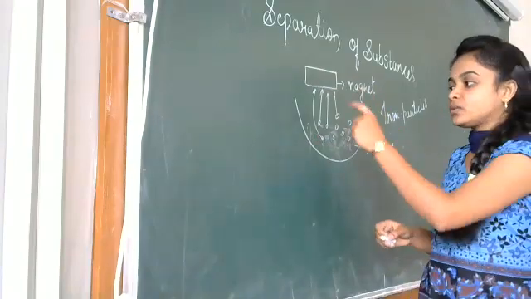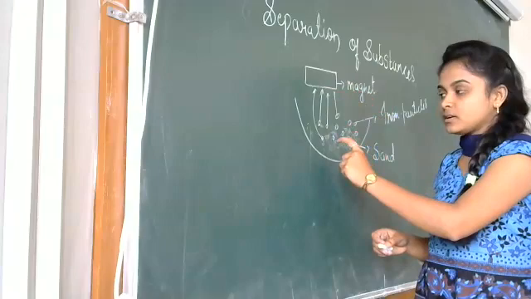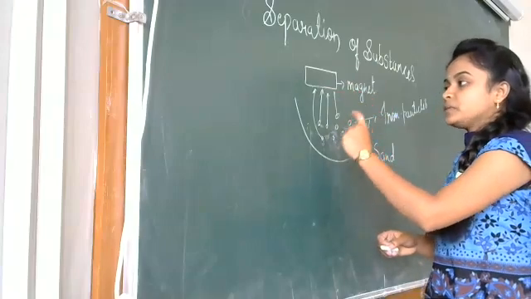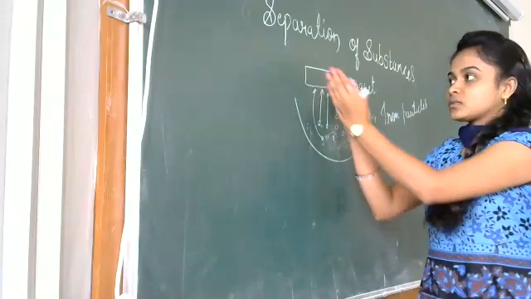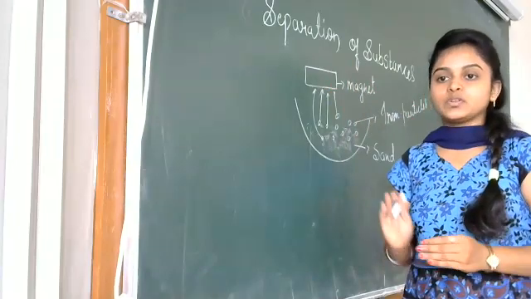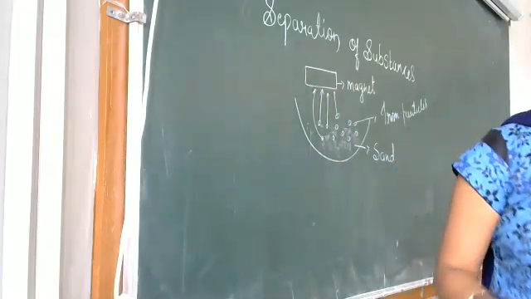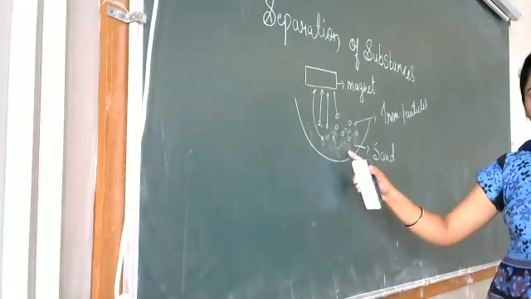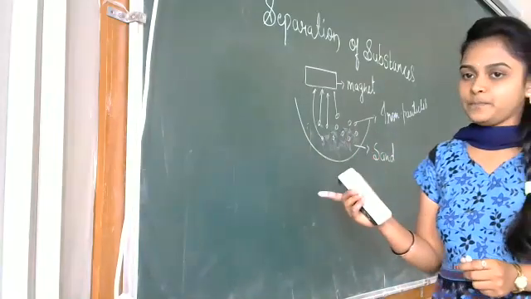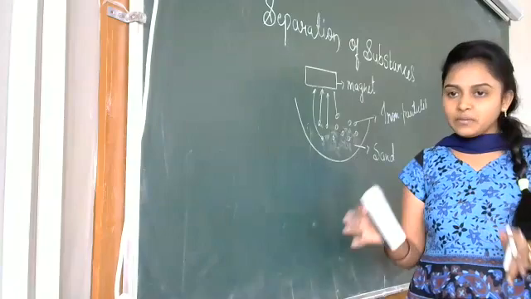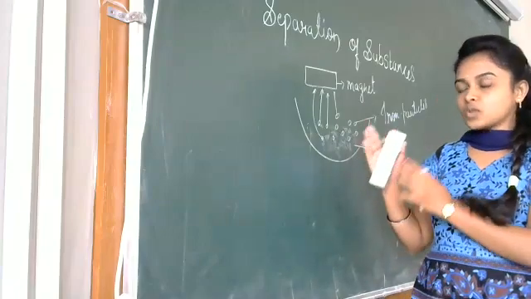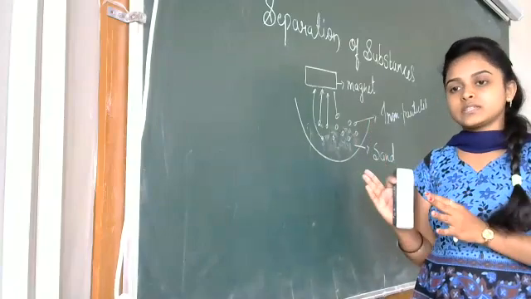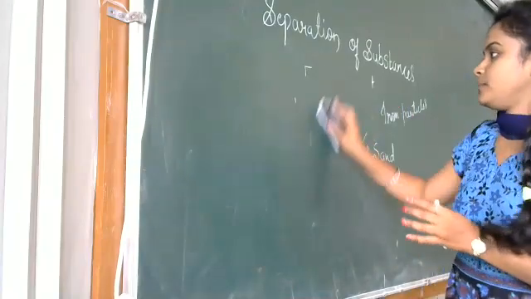So when we take the magnet towards this mixture, these iron particles will be stuck to that magnet. In this way, we can separate components from the mixture. So this is one way. Again, we have many methods in this topic which we are going to study one by one.